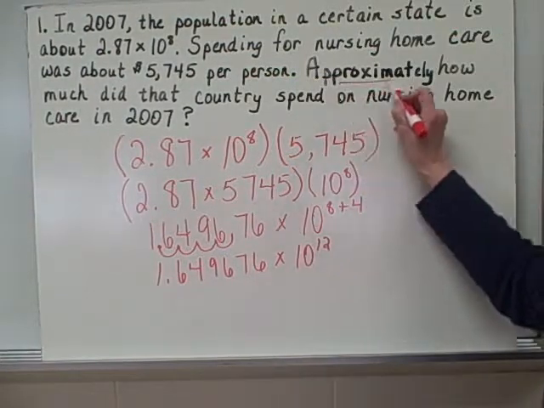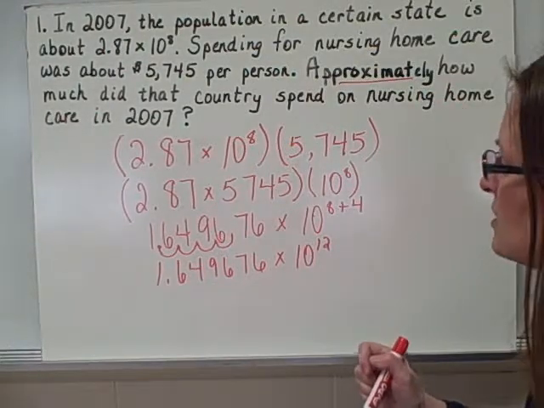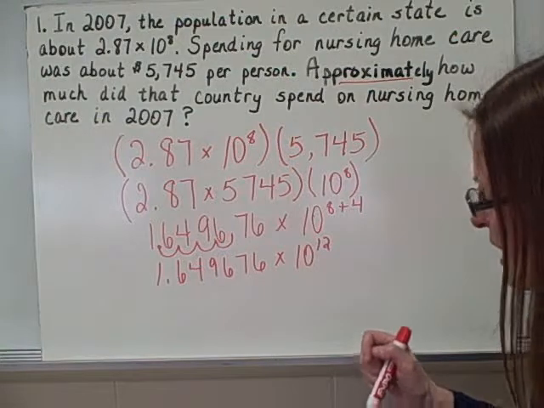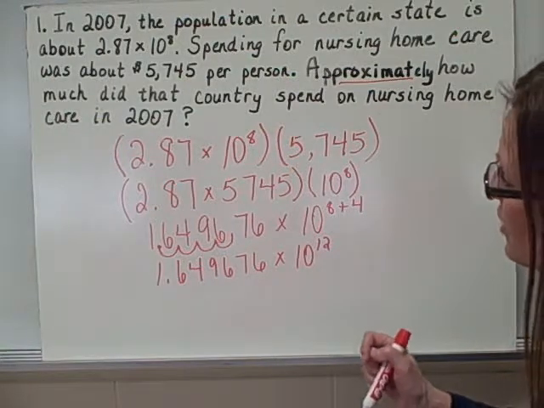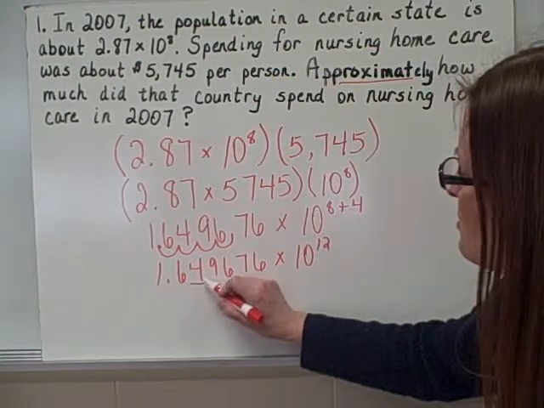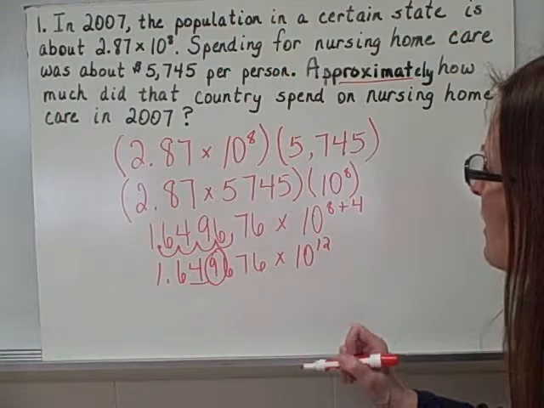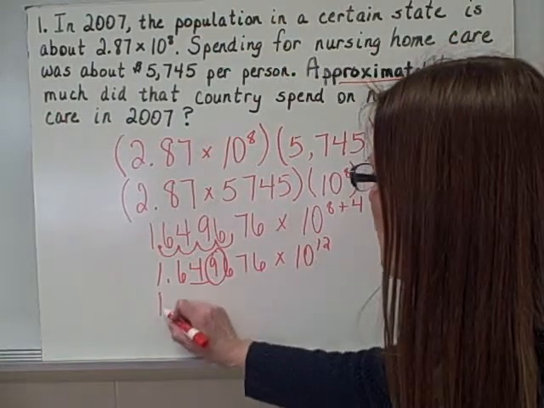But remember this word approximately. You will not find this number in your answer choices. The numbers have been rounded, either to the 10th place or the 100th place. I'm going to look at the 100th place. Right now there's a 4 and there is a 9 behind it. That 9 tells the 4 to go up 1.